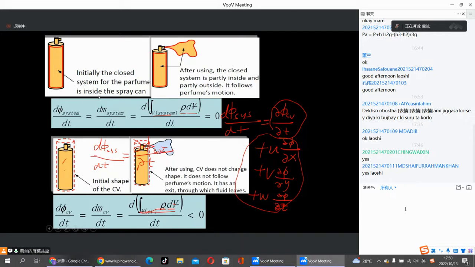For the mass of the system, we need to consider two parts. Part one is what happened inside the spray can, what still stays inside. The other is what happened for those that go out of the spray can through its control surface, right?